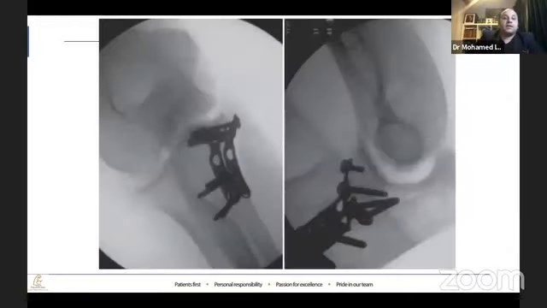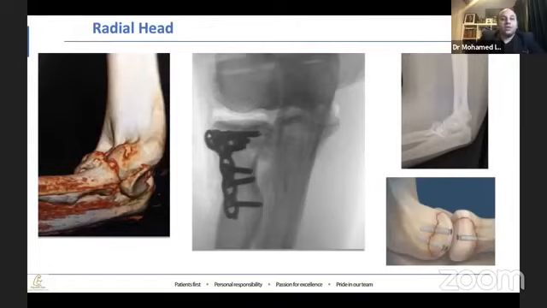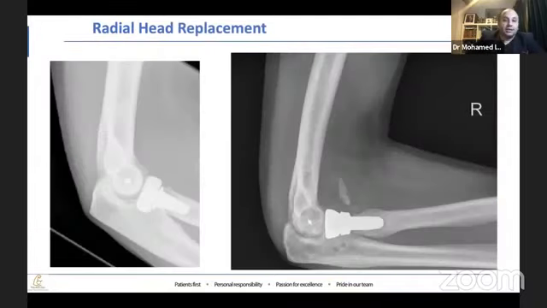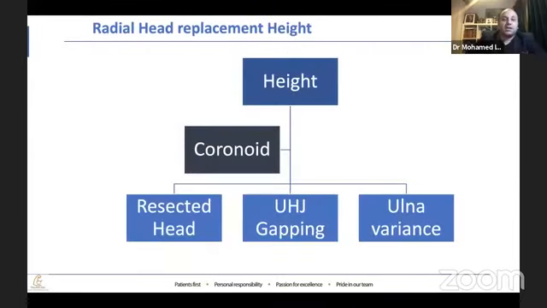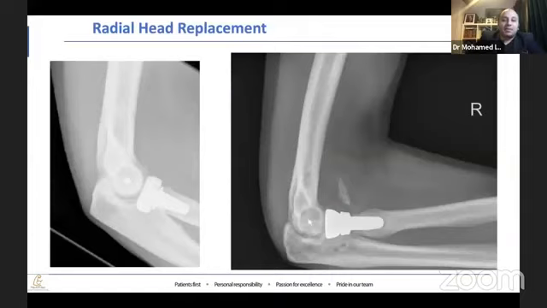After doing so, look at the radial head. Manage the radial head either by absorbable screws, plate and screws, or radial head replacement, which is always a very good option whenever needed. The main problem I see with radial head replacement is that all of us tend to overstuff the radial head.